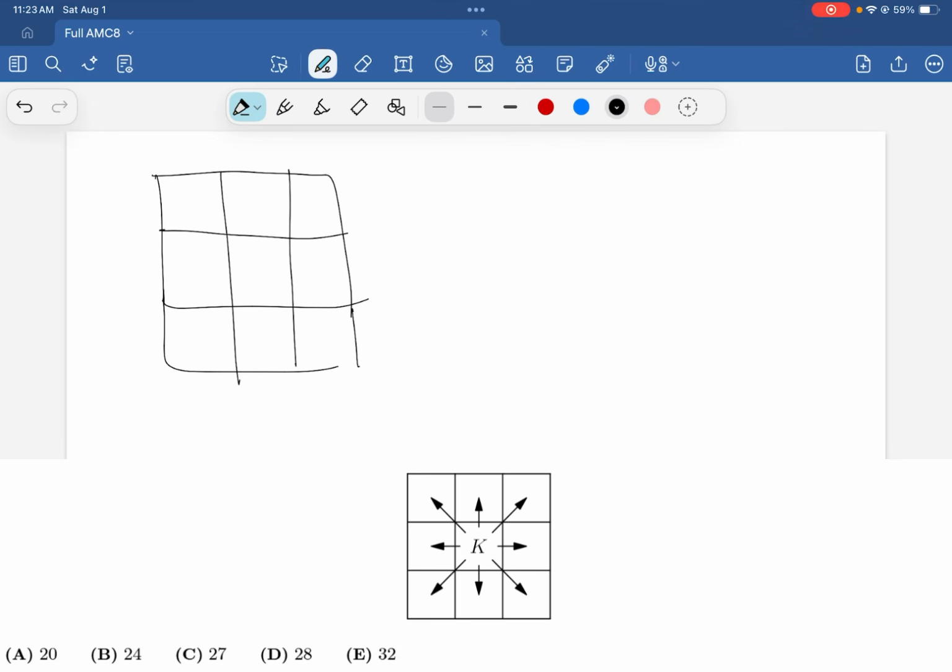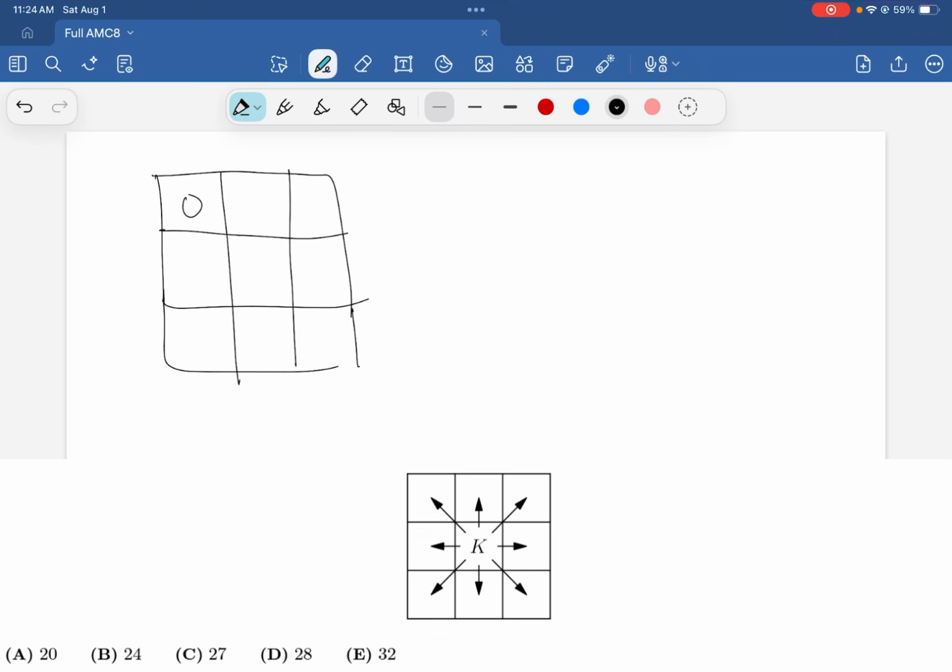So let's just do casework on where the white king is. The white king can either be in one of these 4 corners, in one of these 4 sides, or in the center. Notice that if you take the corner, for example, it is symmetric to all 3 other corners.